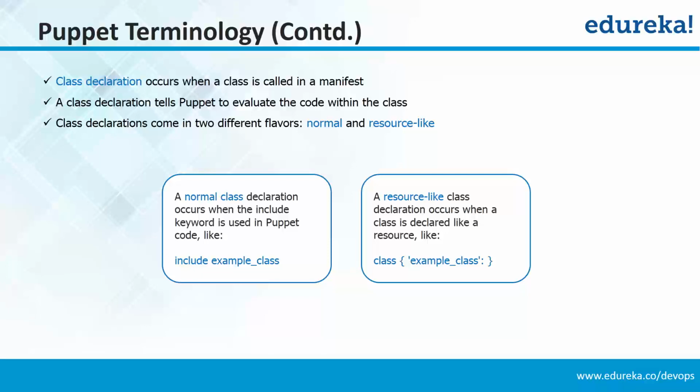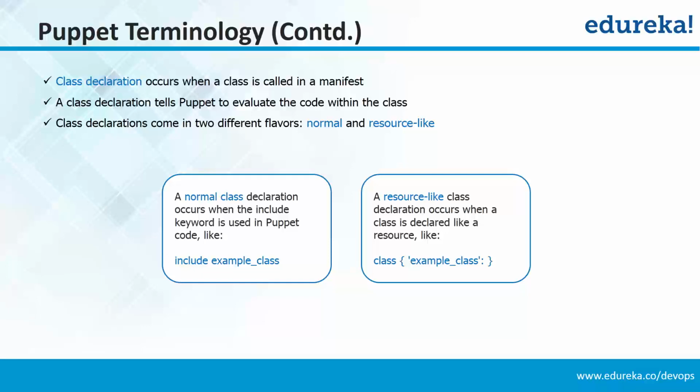There are two ways of declaring this particular one. One is a normal class declaration, when we say include a particular class name. See the two syntax differences within Puppet itself, how the declaration varies. We'll get into this in detail, but in essence, just be aware the include and the resource type declaration are two different ways of doing the same thing, except that in later versions of Puppet, we prefer to use the resource-like declarations.